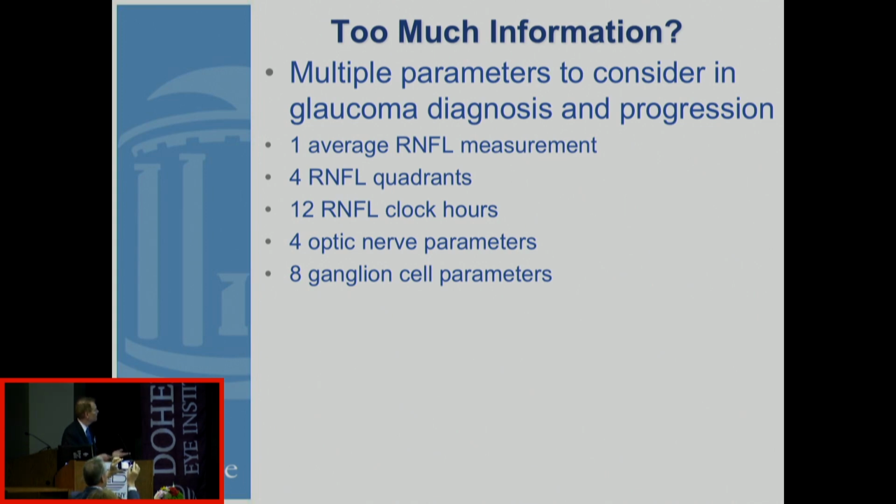But there are 4 RNFL quadrants, 12 clock hours, 4 optic disc parameters, and 8 ganglion cell parameters on the Cirrus spectral domain OCT.